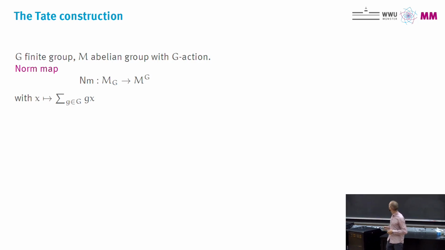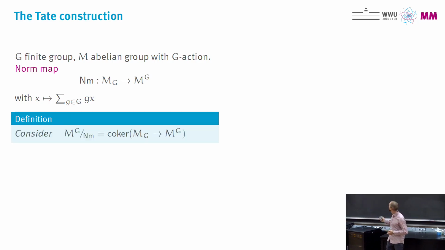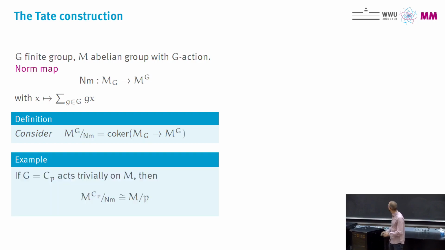And that's a group homomorphism, and the kind of thing I want to consider here is the cokernel of that norm map from the coinvariants to the invariants, and I will write this as M upper G modulo norms. So I think of the image of the coinvariants in the invariants as norms, and then I quotient by those. That's the kind of object I want to consider, and why do I want to consider that?